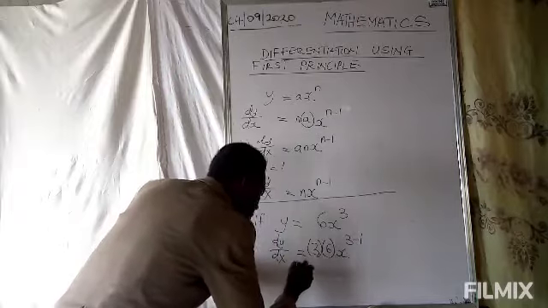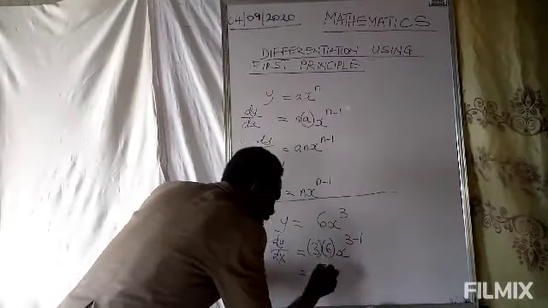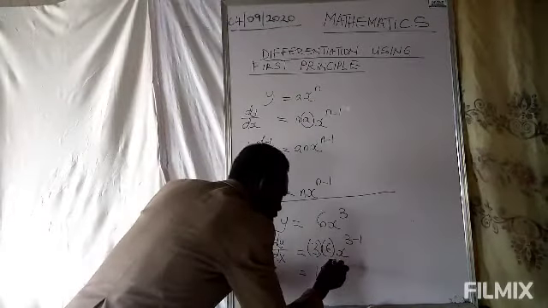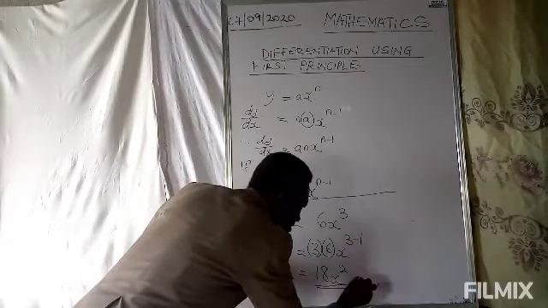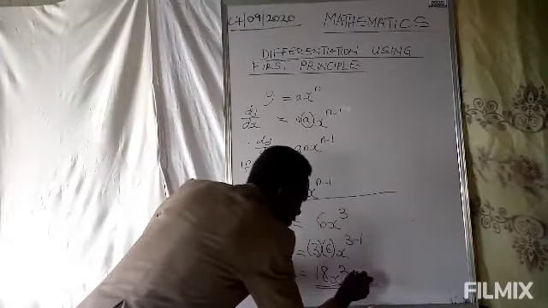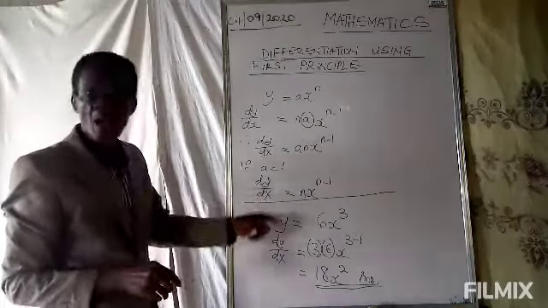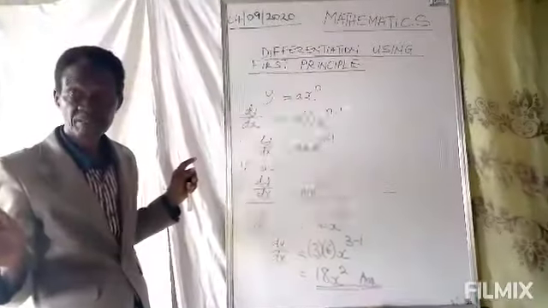So this now becomes 3 times 6 is 18, then x to index 3 minus 1 is 2. And that's the answer. So dy dx of 6x cubed is equal to 18x squared.